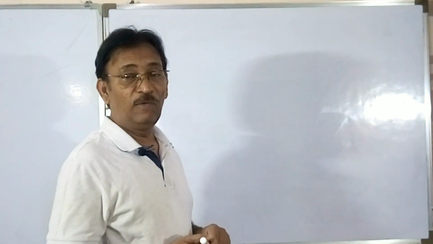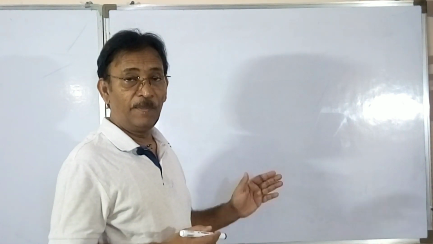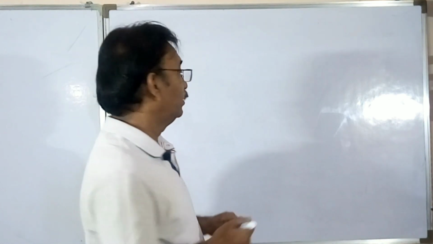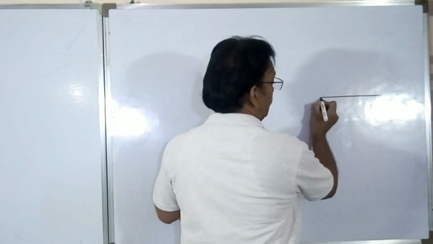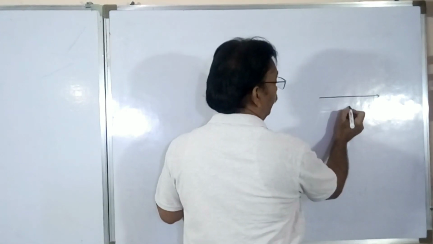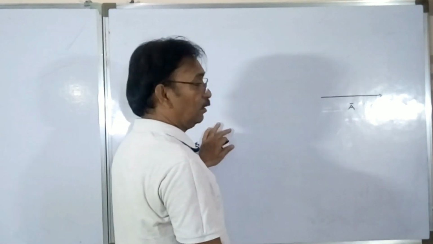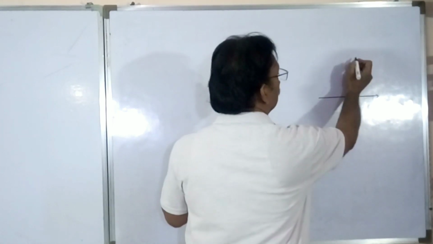In an earlier video we learnt what the dot product is. Once again I am repeating the same here to understand it in the right way. Let's say it's a vector, we are calling it a bar, and we have to take the dot product of another vector with this.